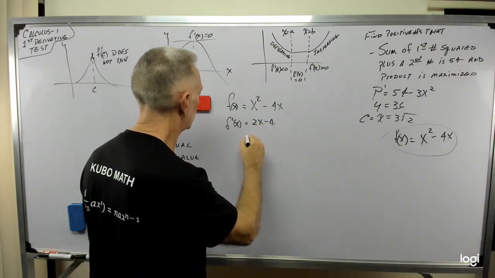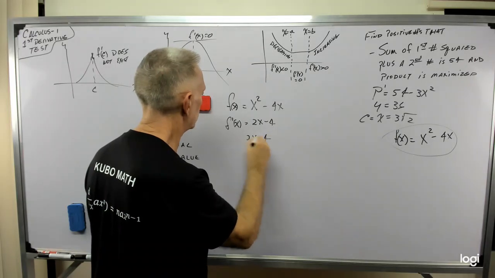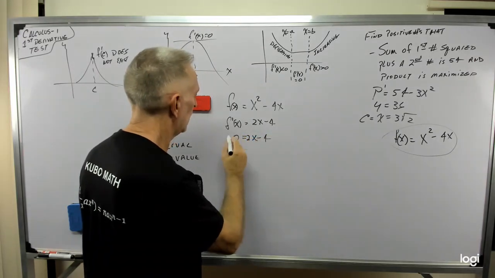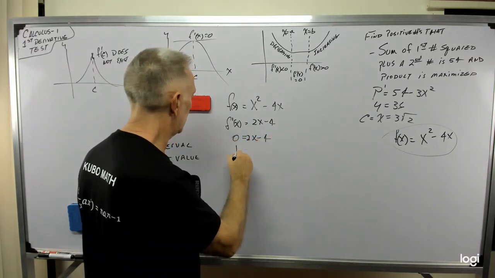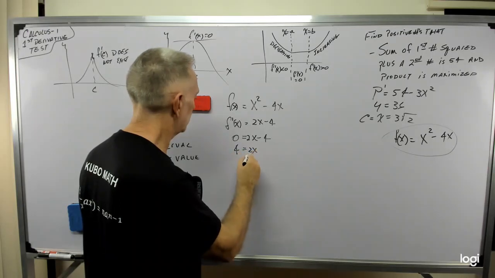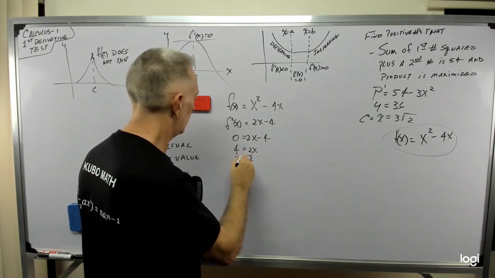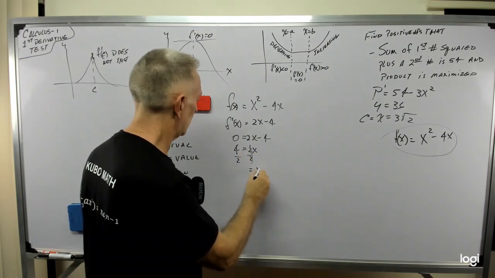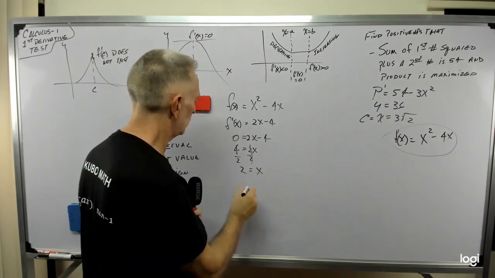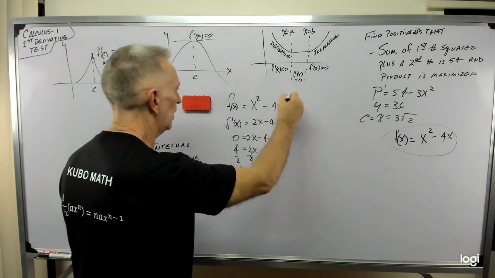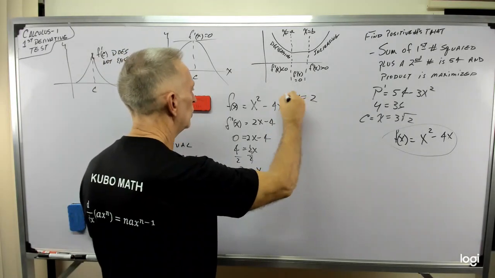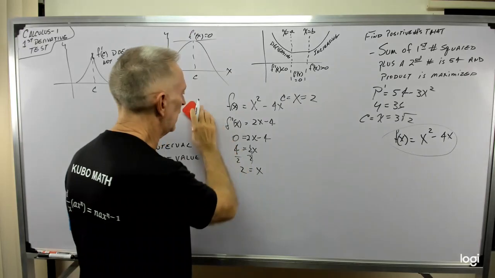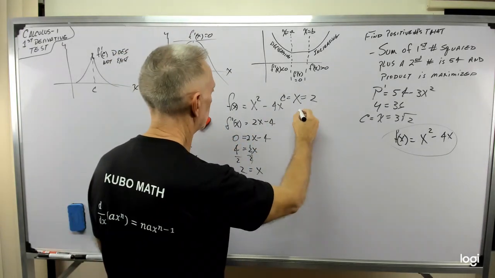Okay, so 2x minus 4, I'll set it equal to 0. Add 4 to each side, 4 equals 2x. Divide 2 on both sides. 2 over 2 is 1 times x is x. 4 divided by 2 is 2. Okay, so x equals 2 is my critical value, and I don't need to lose my function here.